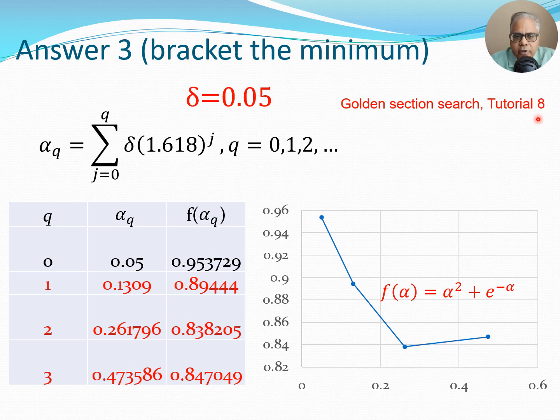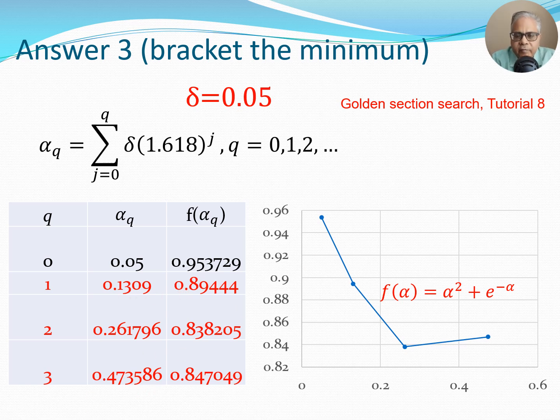In that tutorial I used the value delta is 0.05, and then we essentially move forward in the design space, and then we bracketed the minimum between these 3 points. What happens there is that the function value reduces, like you see here, between q is 0, 1, 2, and then it goes up at q is 3.